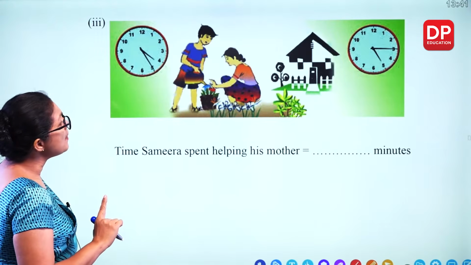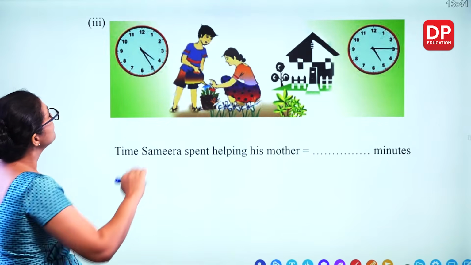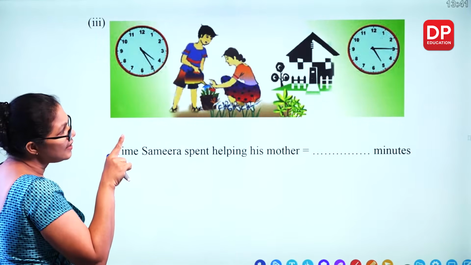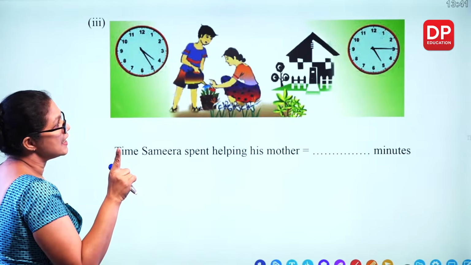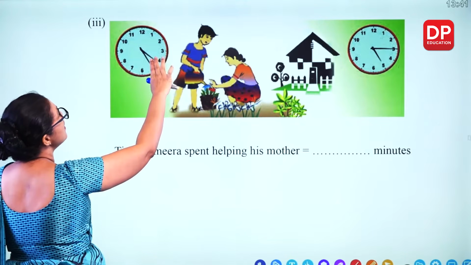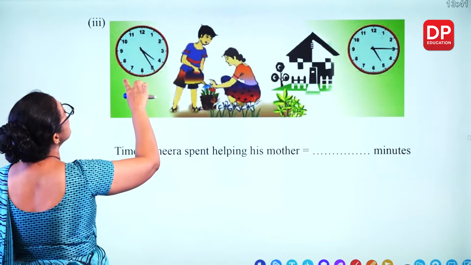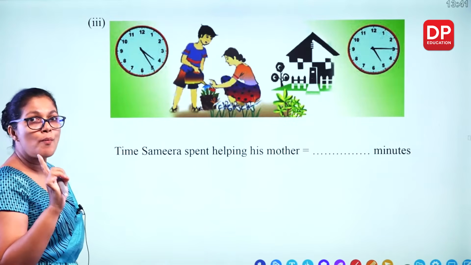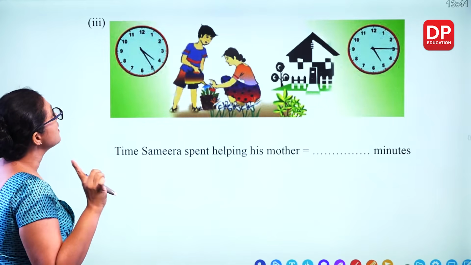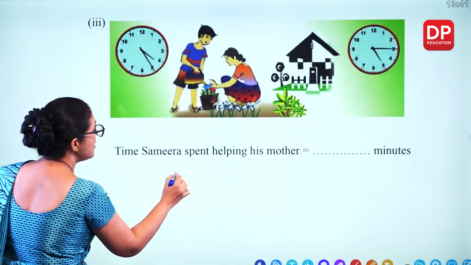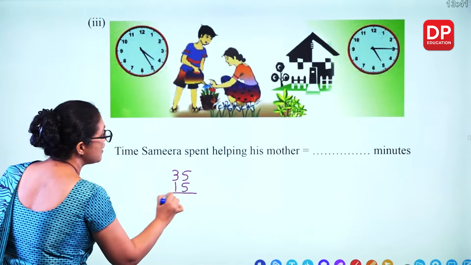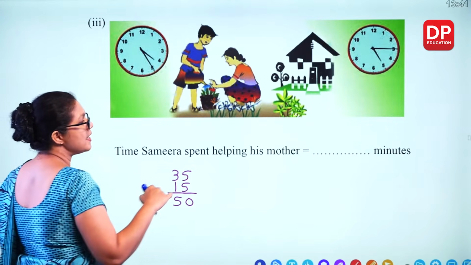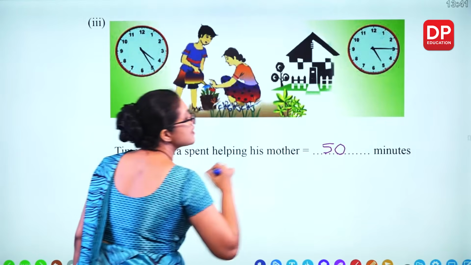Time Samira spent helping his mother. Start time is 4:25, end time 5:15. From 4:25 to 5 o'clock, how many minutes? 35, and another 15 minutes, altogether 50 minutes for that.